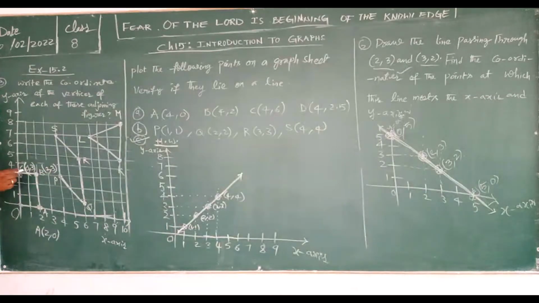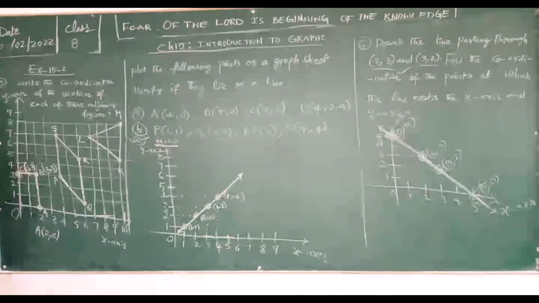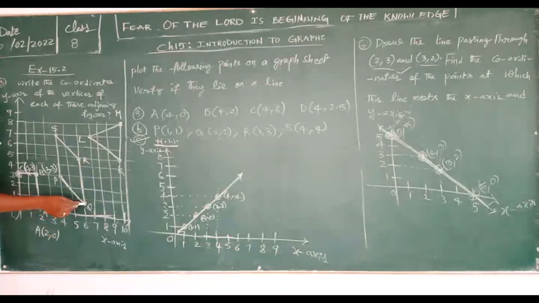And C: x is 0 and y is 3, so 0 comma 3. Similarly, can you type your answers for Q, P, R, S?